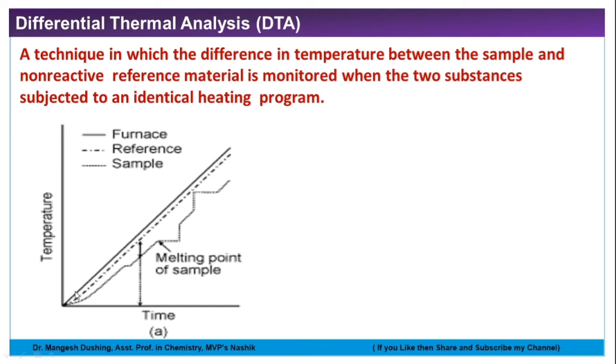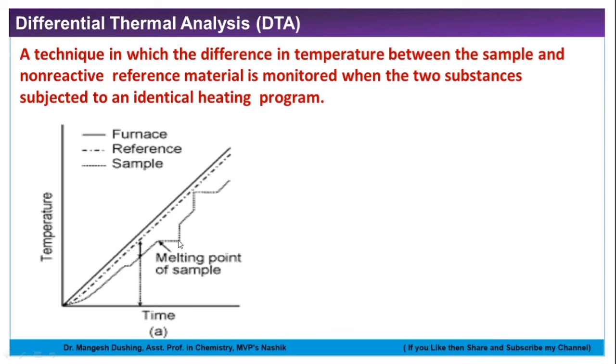So here, suppose this is the furnace temperature, increasing in a linear fashion. Similarly, this is the reference temperature increase; both are linear because the reference is unreactive, while this is the sample. So the sample temperature is also linear at some stages, but at the melting point it melts and the temperature won't increase, so there will be a parallel line.